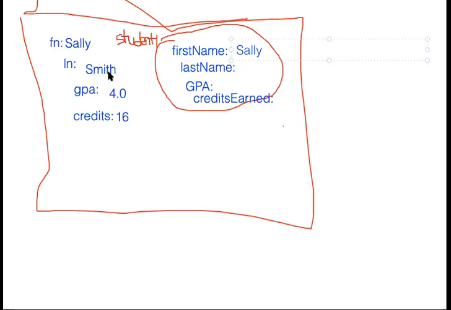So same thing, when we call the set last name method and we pass in the value ln, it's taking this ln value Smith and saying, use that to initialize the last name field that's part of my student class. Let's store Smith in there.